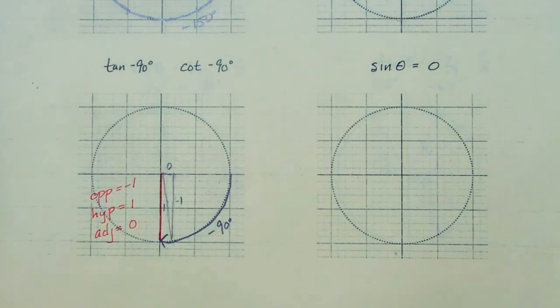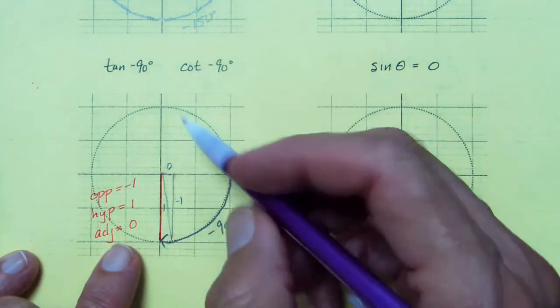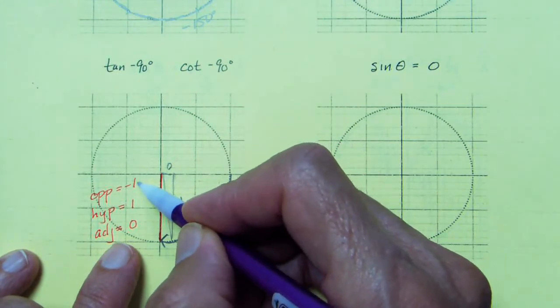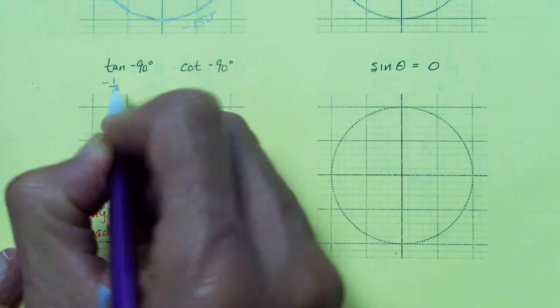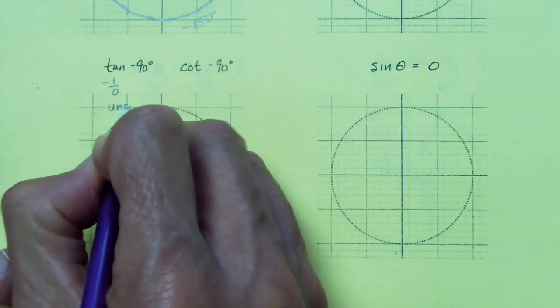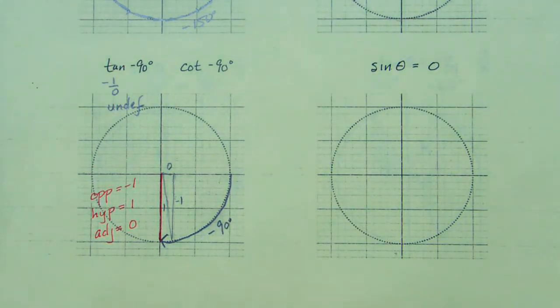So tangent is opposite over adjacent. So tangent of negative 90, opposite of negative 1 over adjacent 0. And that's an undefined value. You can't divide 0 into negative 1 and get any type of numerical answer. So tangent of negative 90 degrees is undefined according to my work.